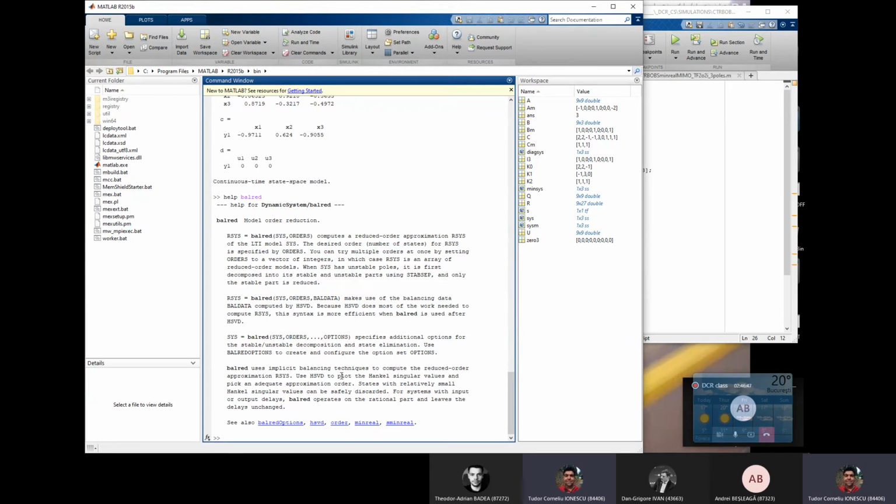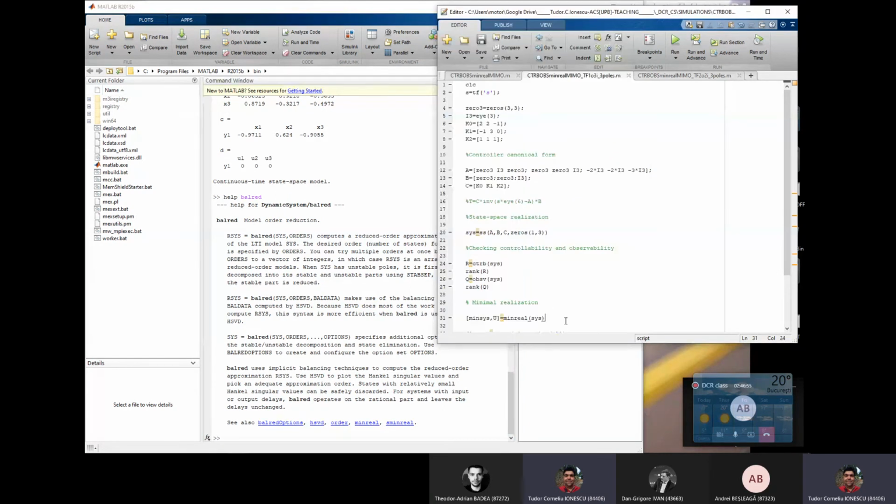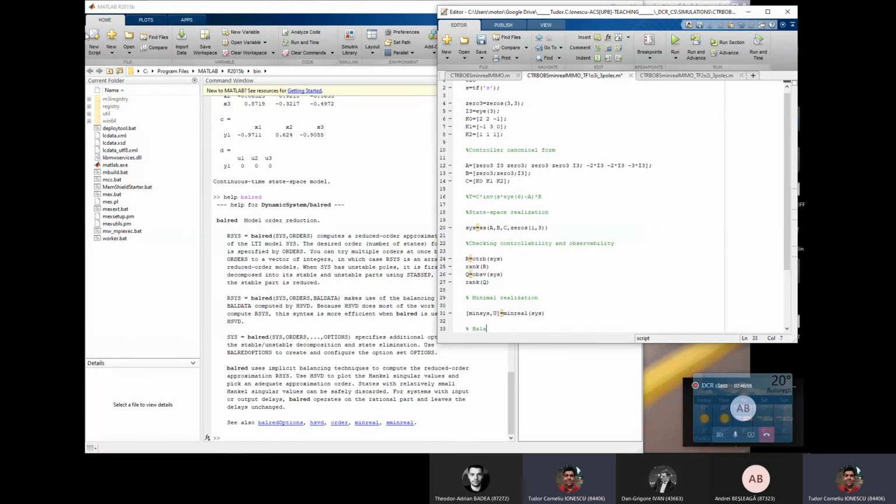It's using implicit balance techniques. Okay, so orders. Here we do balanced truncation of the min sys.